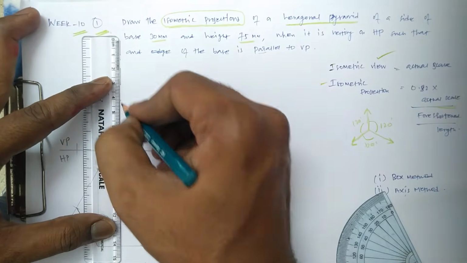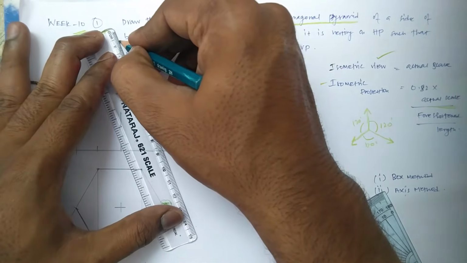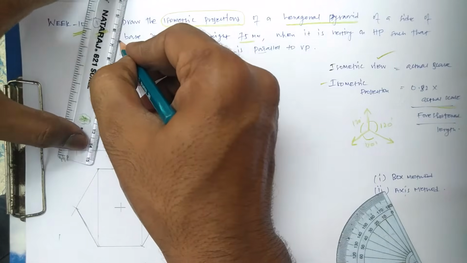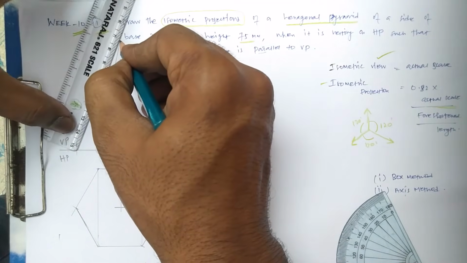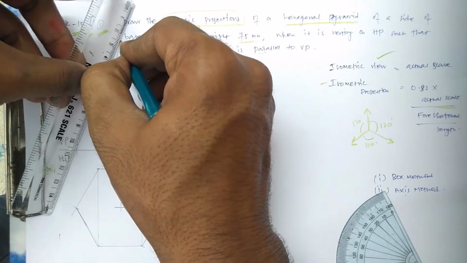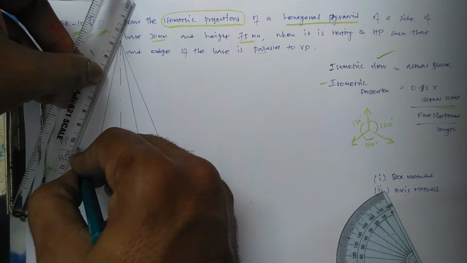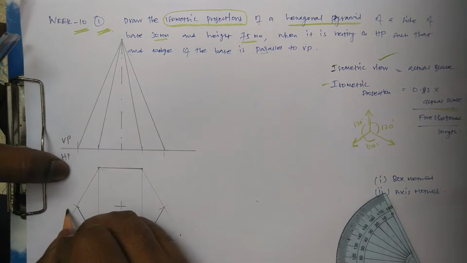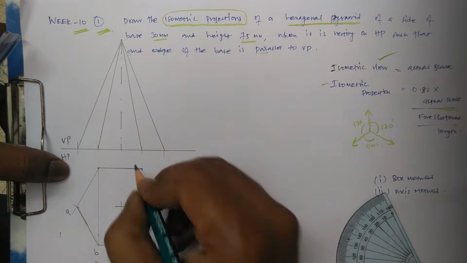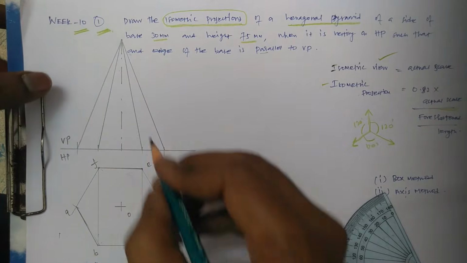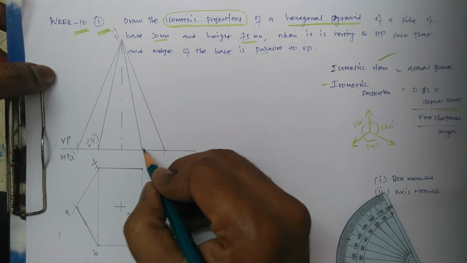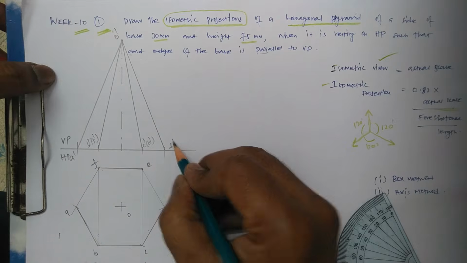Since it is a pyramid, we can give the names as required: A, B, C, D, E, F and O. So O dash, A dash, B dash, F dash, C dash, E dash, D dash, as it is.